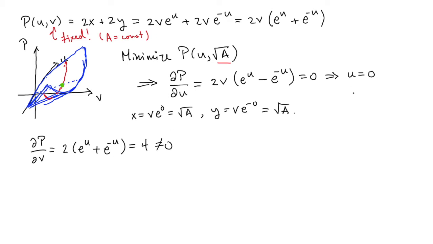So while our favorite point was indeed (u, v) = (0, square root of a), this point does not satisfy the more general condition that the gradient of p at (0, square root of a) equals 0. So it's not actually a maximum or a minimum of the perimeter generally. It's sort of a minimum in one sense and not in another.